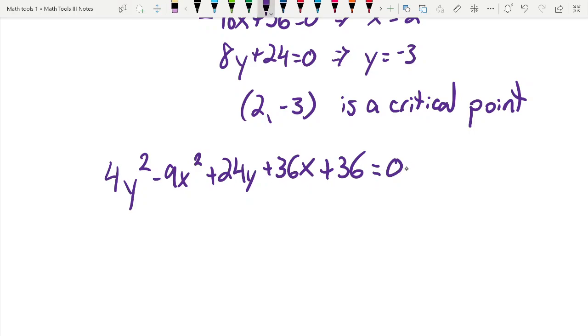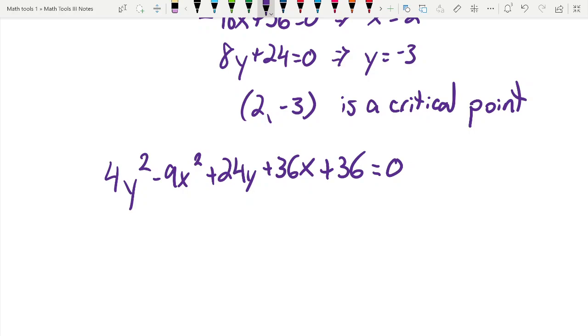Okay. So these are all the points on what we call the boundary, right? If you remember when I was talking about the domain, the boundary points are kind of like the equivalent of the endpoints on an interval. So this is the boundary of the domain because the boundary would be where everything is equal to 0. And there's not going to be an answer for this. Like there's not just one XY point we can get for this because again, we have two variables and only one equation to deal with.